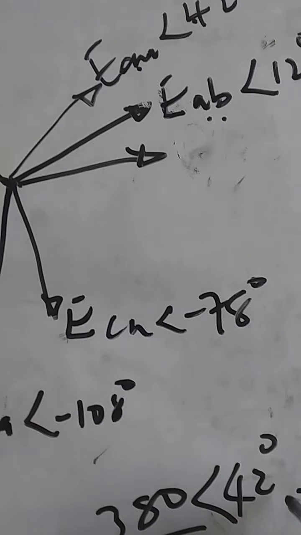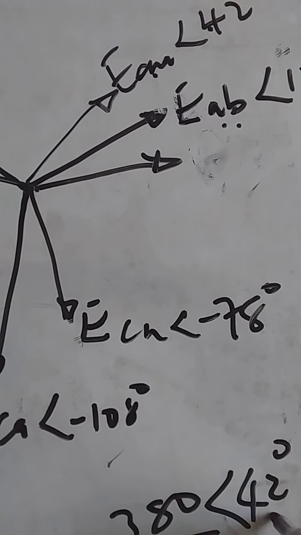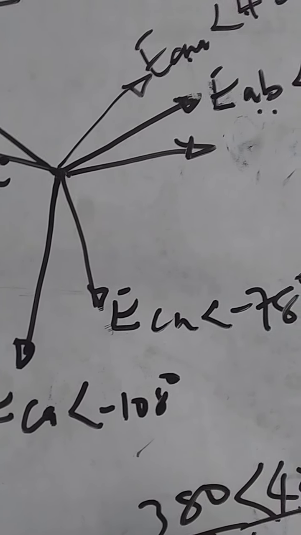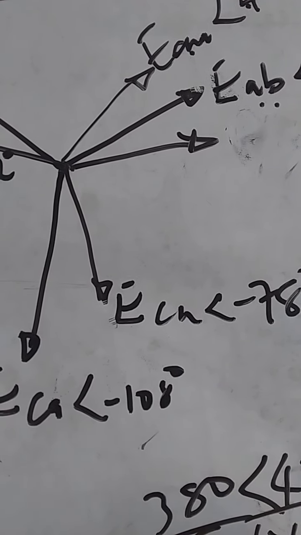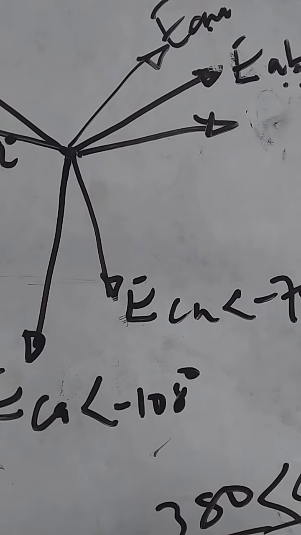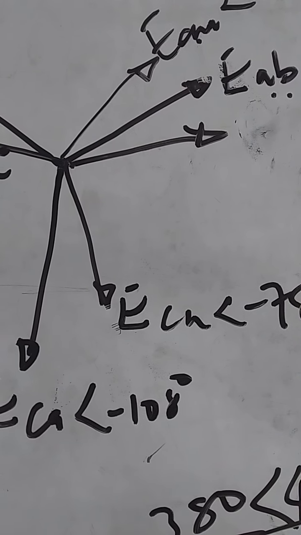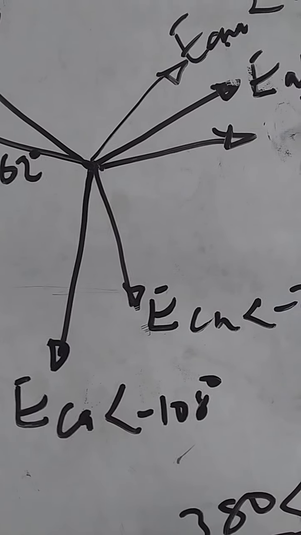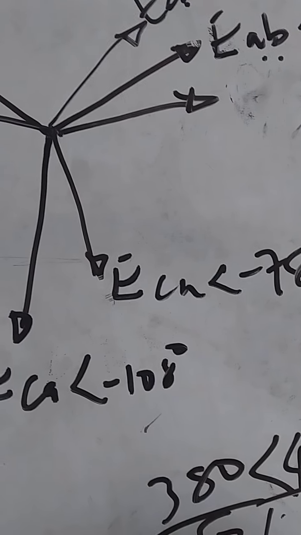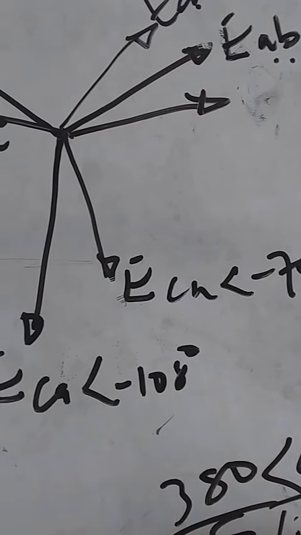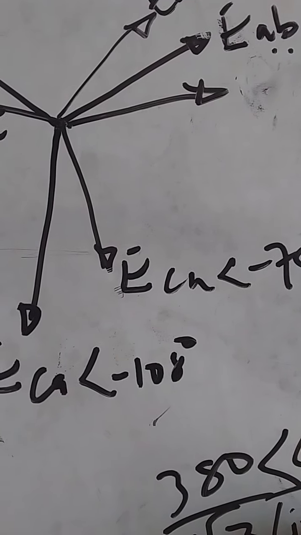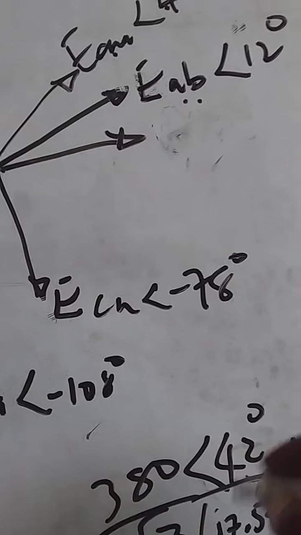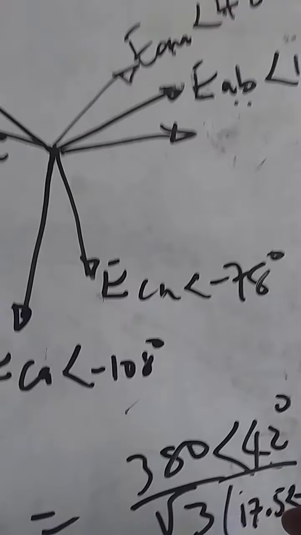Our YA will be 1 over Z. So let's put this as our YA, which will be 1 over the impedance, 17.5 at angle minus 34 degrees.